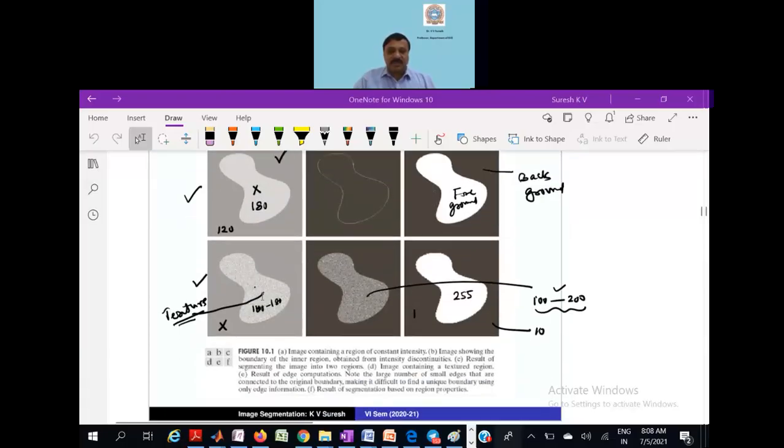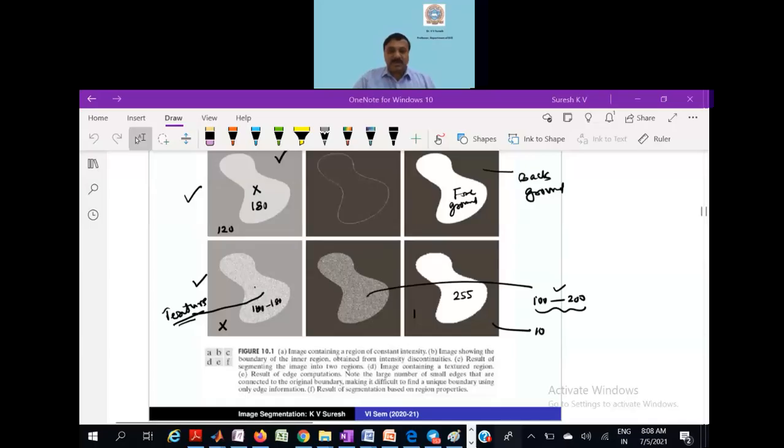If there is some noise inside, that means some perturbation or texture inside the region of interest, then the problem with edge-based segmentation is that every change in the gray level value is treated as an edge, and you will see some noise here.